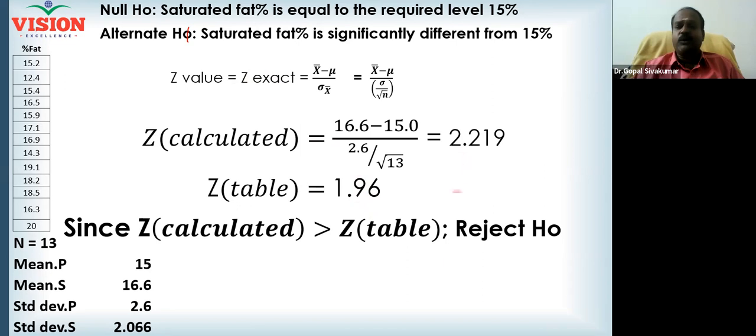Already exceeded. So that is the reason why you are rejecting the null. All of you understand why we are rejecting the null? The process has deteriorated. Do you understand, all of you?